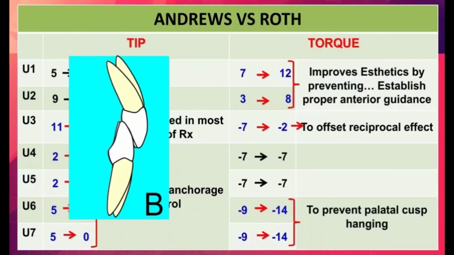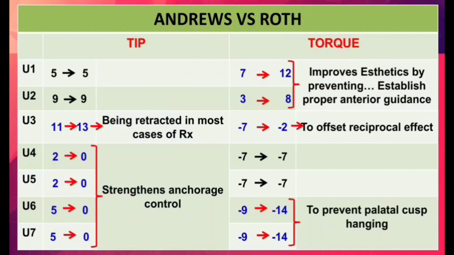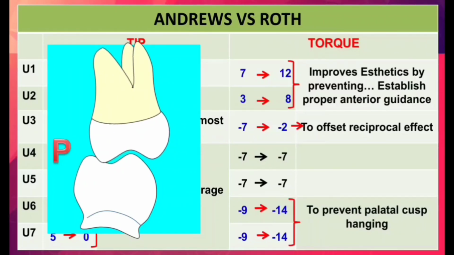And now coming to the canine torque, it was decreased to offset reciprocal effect of building more positive torque into the incisors. And premolar torque was maintained same by Roth as Andrews, and the molar torque was increased by Roth to prevent palatal cusp hanging.